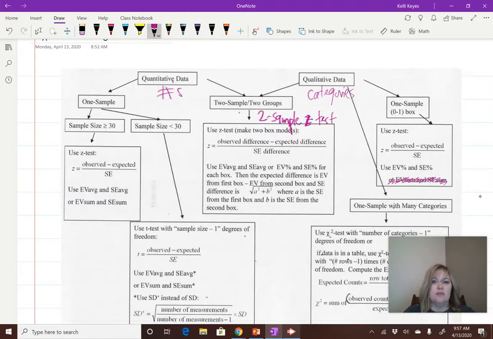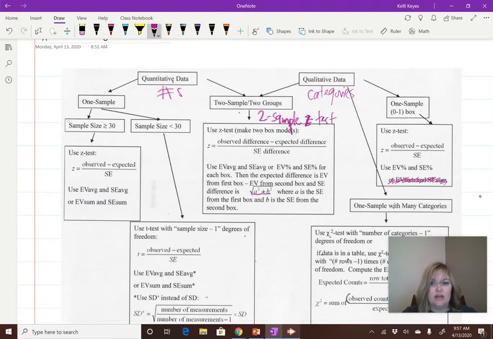That's where you find the observed difference minus expected difference, divided by SE difference. And remember, this is the SE difference. It's really the Pythagorean theorem. And then you either use EV average and SE average, or EV percent and SE percent.